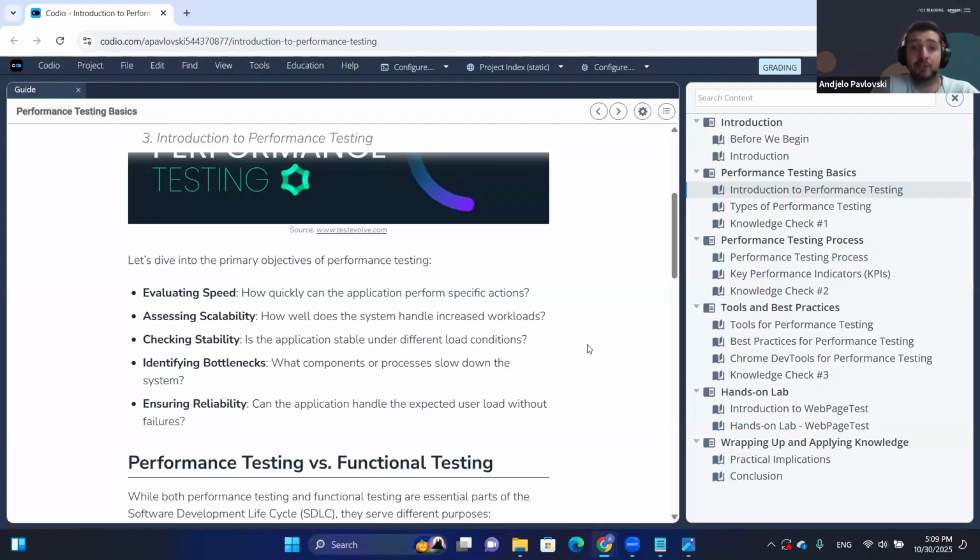Identifying bottlenecks. So what components or what processes slow down the system. Maybe you have a header image module, and the image is in a JPEG format, meaning it takes up a lot of memory. So maybe this can slow down loading time of other components. Maybe some JavaScript functions are affecting the page's flow. So various things that we can notice there.